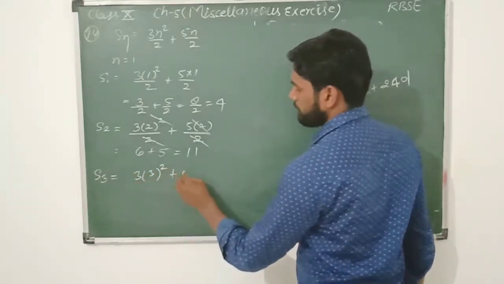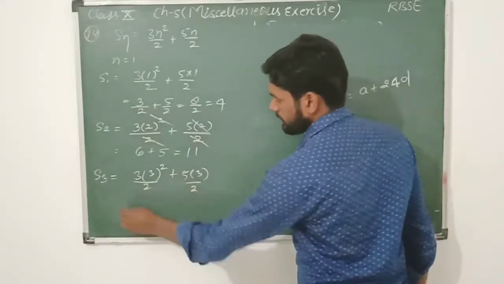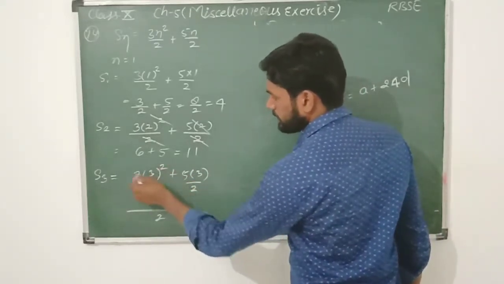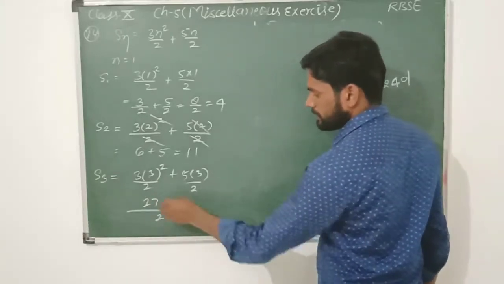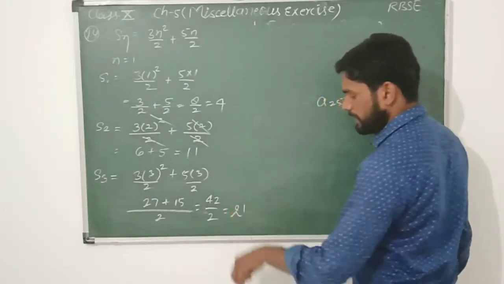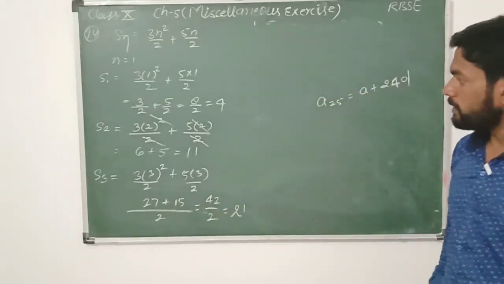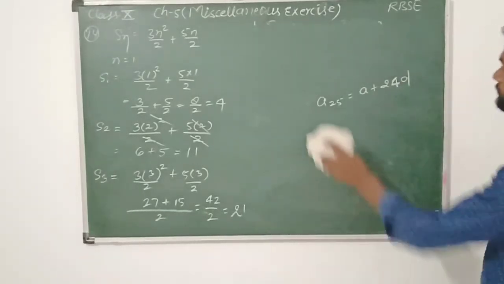Then S3 is 3 into 3 square plus 5 into 3, upon 2. LCM is 2. 9 threes are 27 plus 15, and the sum of these both will be 42 upon 2, which is equal to 21. The value of S3 is equal to 21.